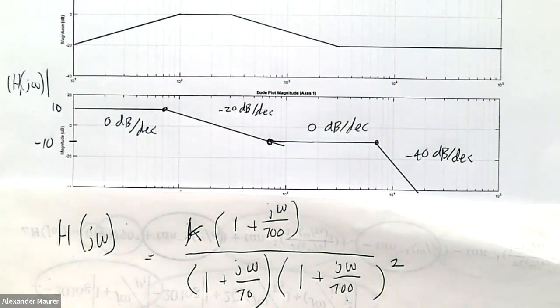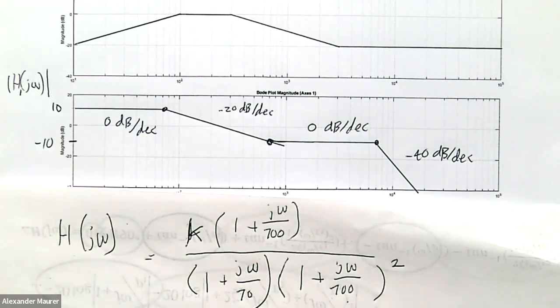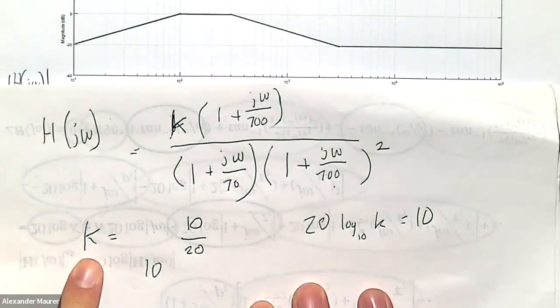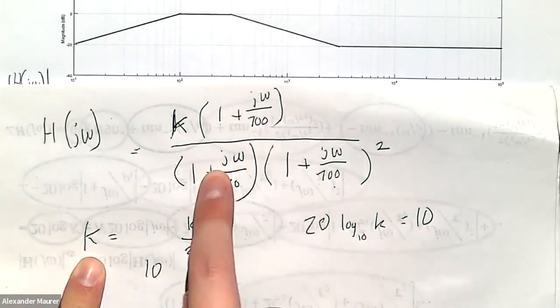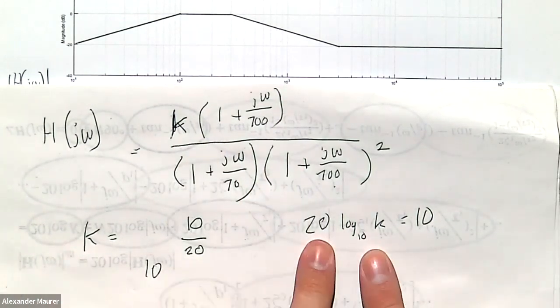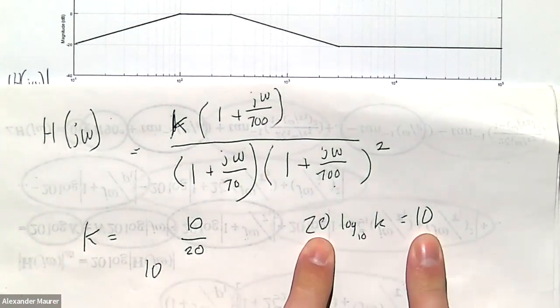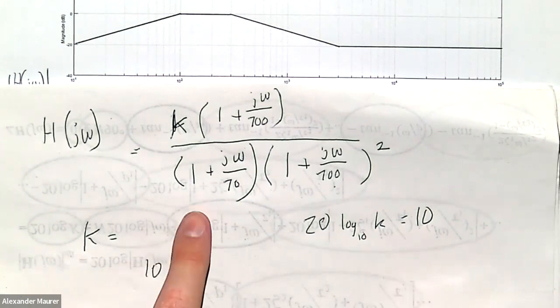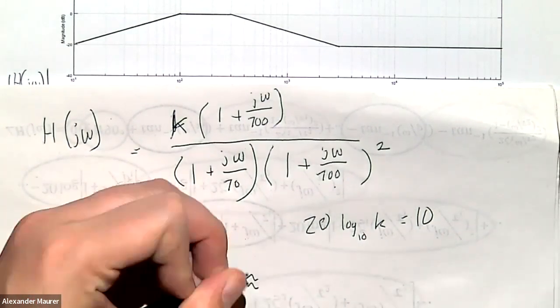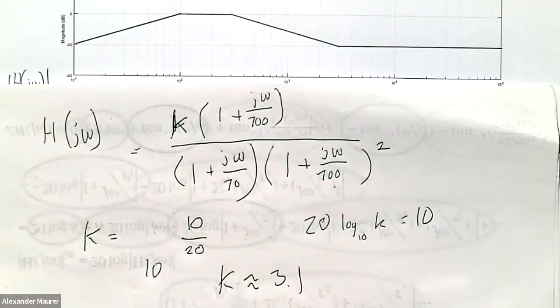Solving this, we divide by 20, take 10 to the power of 10 over 20. Oh, you can't see that, sorry. So the k value, now that I've drawn in all the terms for poles and zeros, we know that 20 log 10 of k is 10. That means that k must be 10 to the 1/2 power. And so then k is approximately equal to 3.1.